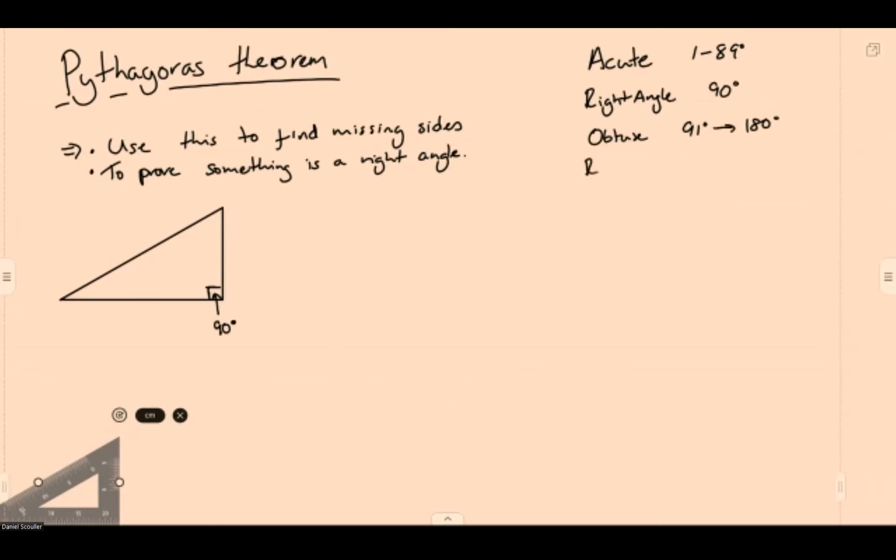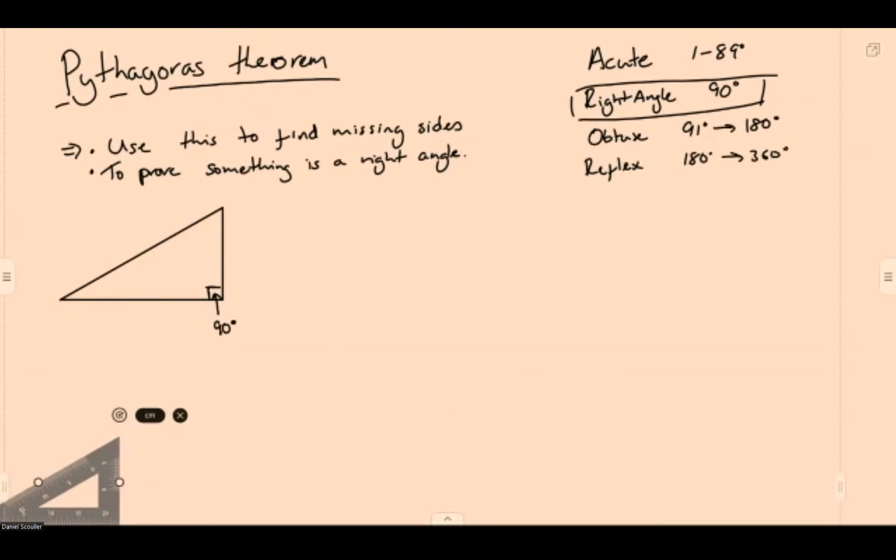And you've got reflex, which is 180 to 360, and 360 is the full circle. So you've got different angles that you need to be aware of in Nat 5. The right angle is the focus of Pythagoras theorem.